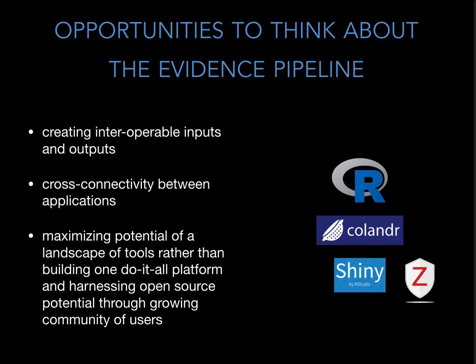So by creating a platform where there are interoperable inputs and outputs, they can come from other programs, they can be fed into other programs, and trying to facilitate cross connectivity between these different applications, what we're actually seeing is that a commitment to open source principles can maximize the potential of this entire landscape of tools that's emerging, rather than trying to build one do-it-all platform. And through our growing community of users, this network, through the evidence synthesis technology group, we're seeing a lot of potential for this moving forward.